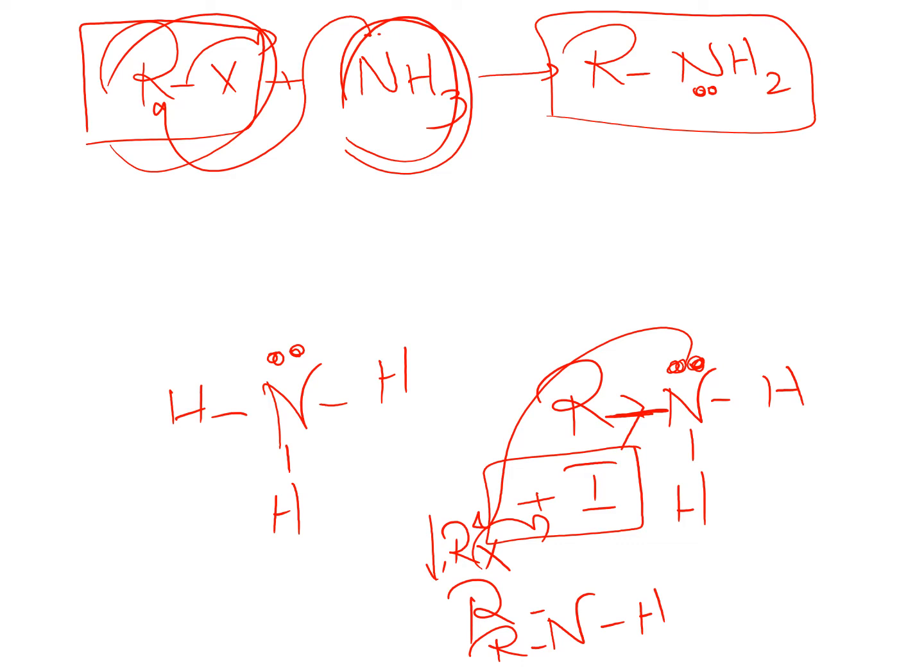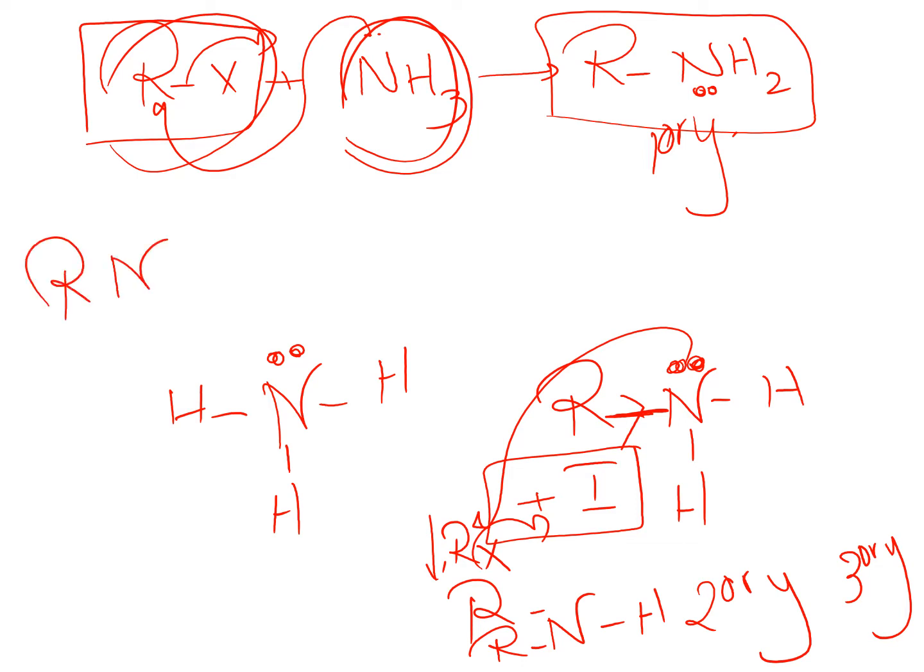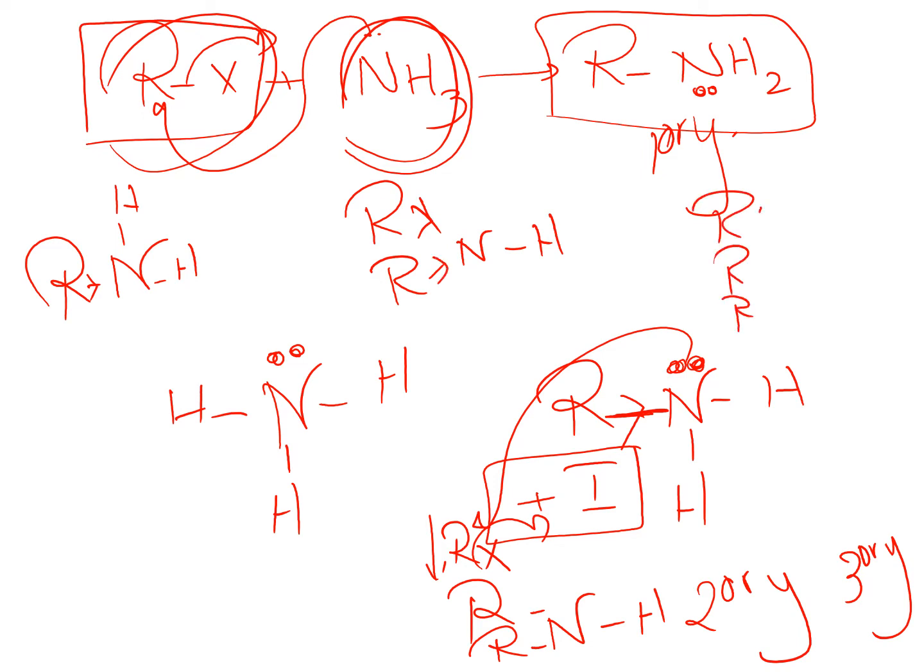Accordingly, I can never end up with the primary amine. What I actually end up with is the secondary and the tertiary amines, where the alkyl halide is always choosing the product over the reagent, because primary amines have one R donating electrons to it, while secondary amines have 2 carbons donating electrons to it, while tertiary amines have 3 carbons donating electrons to it.